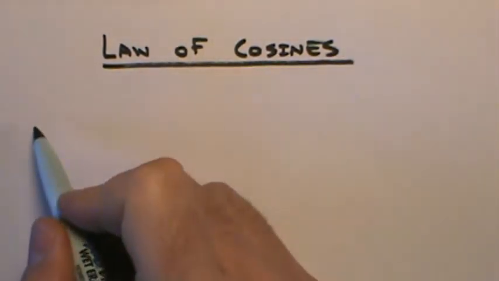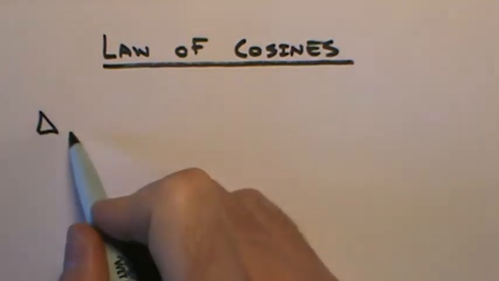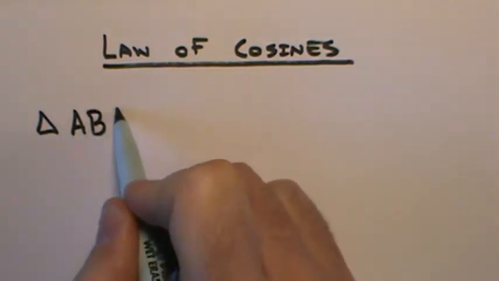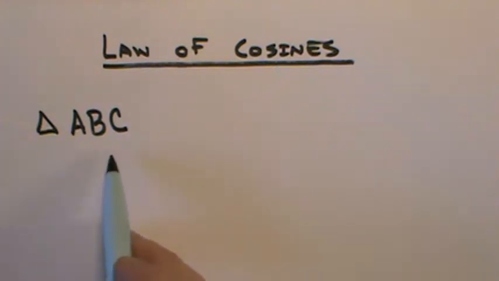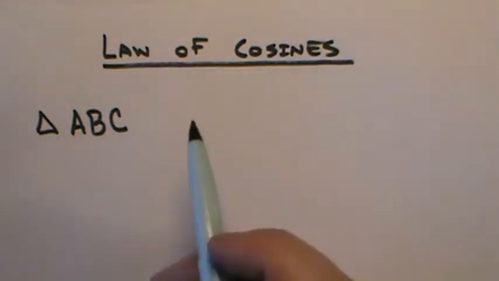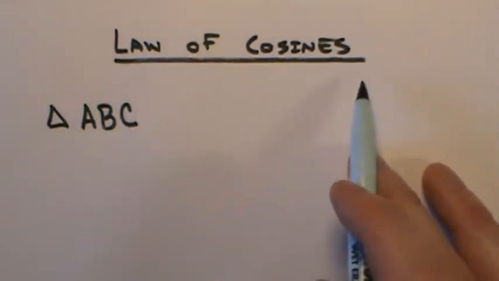Let's say we have a triangle A, B, C. This triangle can lead to three different laws of cosines.